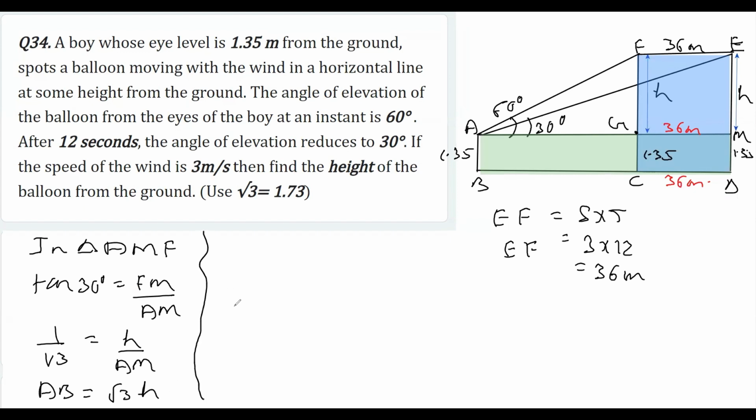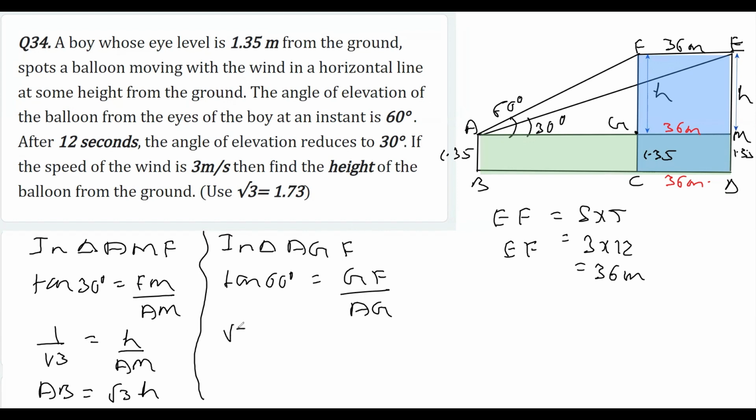Now, similarly, we can take the other triangle, that is triangle AGF. This time I'm taking this triangle. From here, I'm going to apply tan 60, and tan 60 is equal to perpendicular GF over base AG.